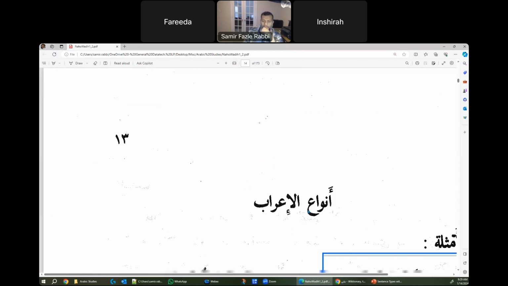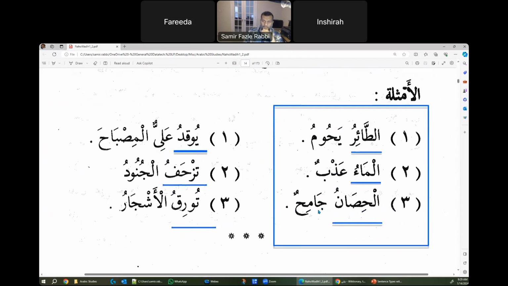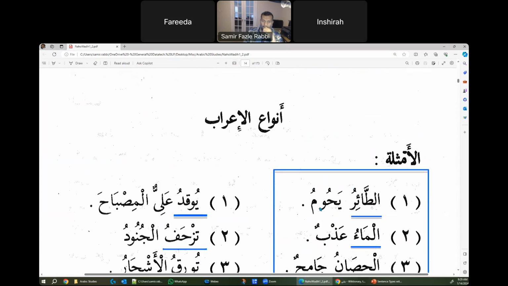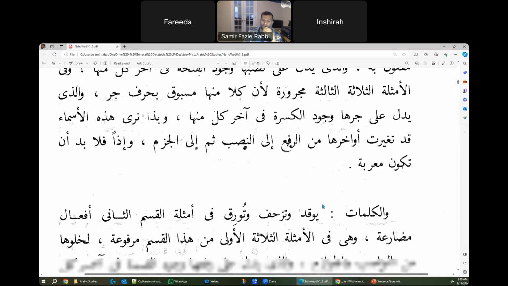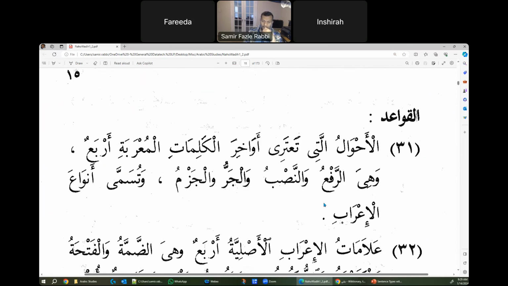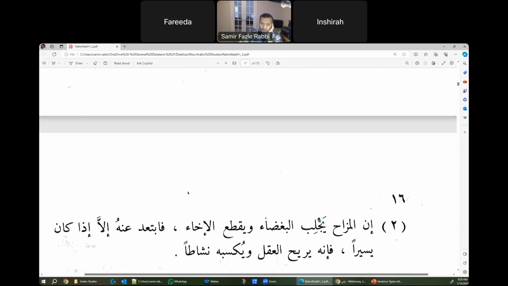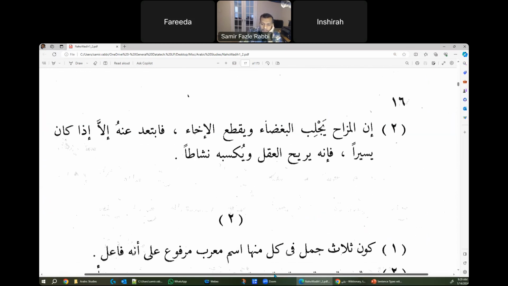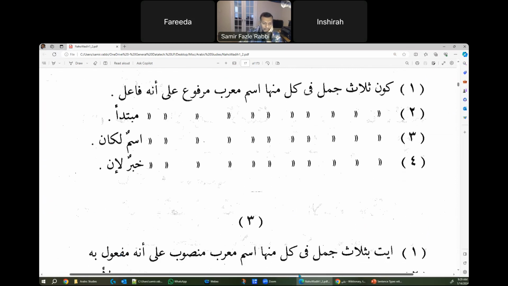All right. So here are the different types of i'rab, which we kind of got into already. These are words where they morph. That's what's meant here by i'rab. And I think we stopped right here.